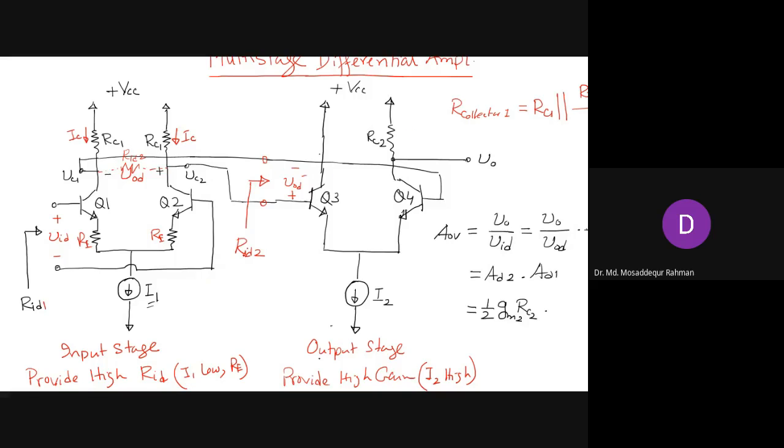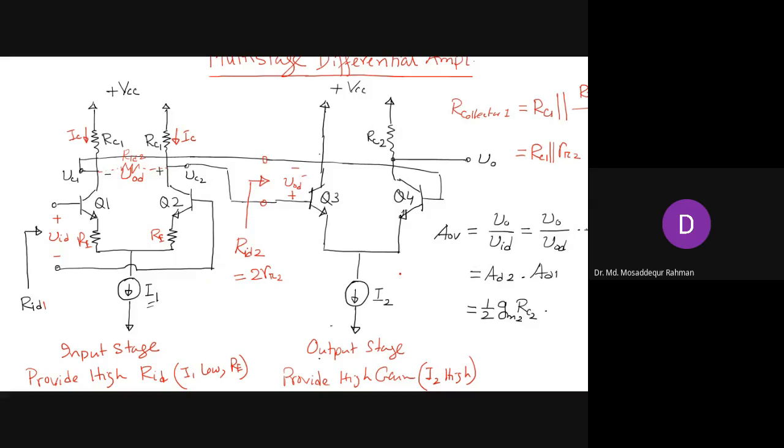Now, what is RID2? What's the input resistance here? It is 2R pi, where R pi is the base to emitter resistance for the second stage. If we take half of this, we get RC1 in parallel with R pi. So that will be our effective collector resistance in the first stage.